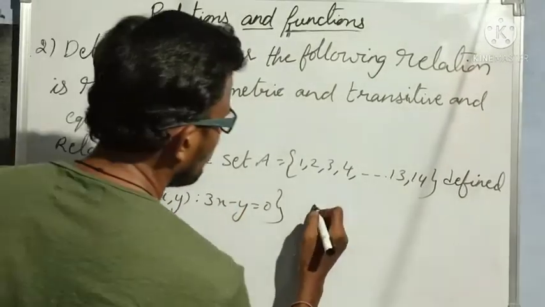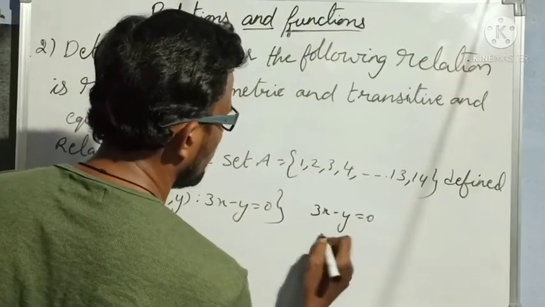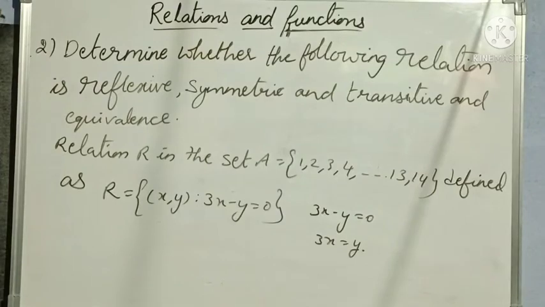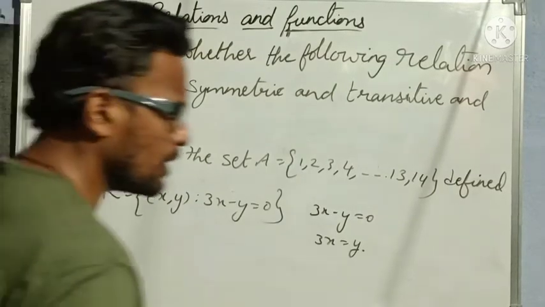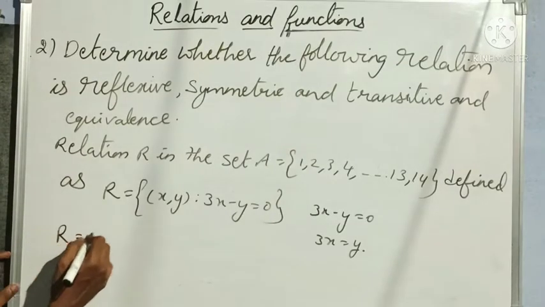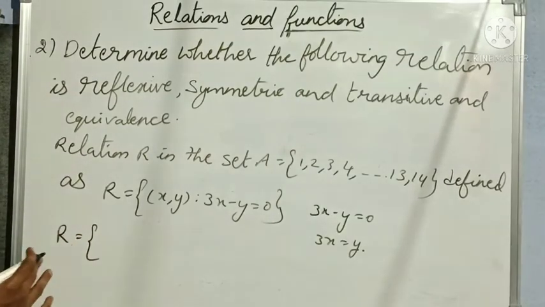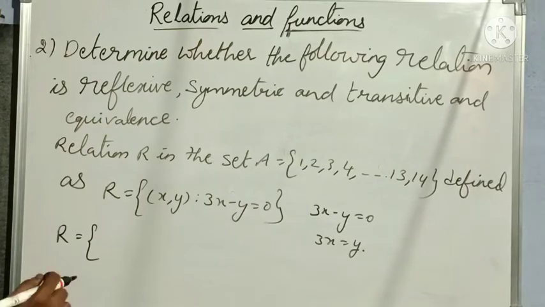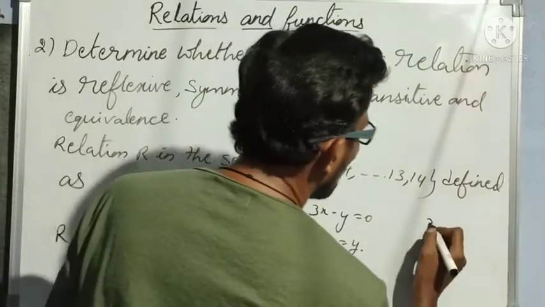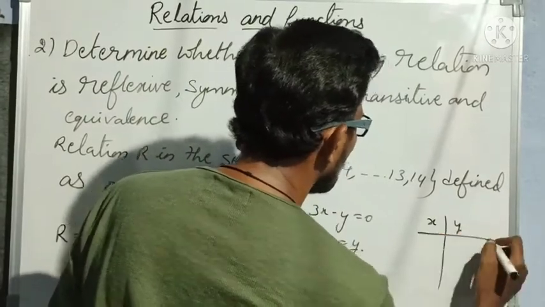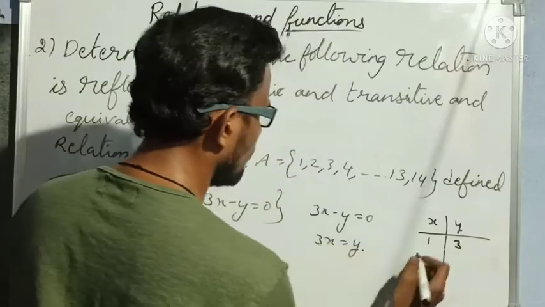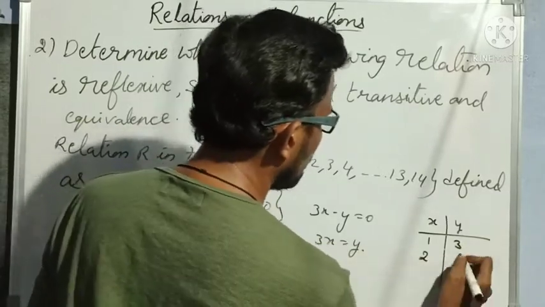So if we solve 3x minus y equals 0, then we get 3x equals y, correct? Okay, so what are the elements of this set, that is relation R? We have to write it in roster form first. If I take x value 1, then y value is 3. If x is 2, then y is 6.